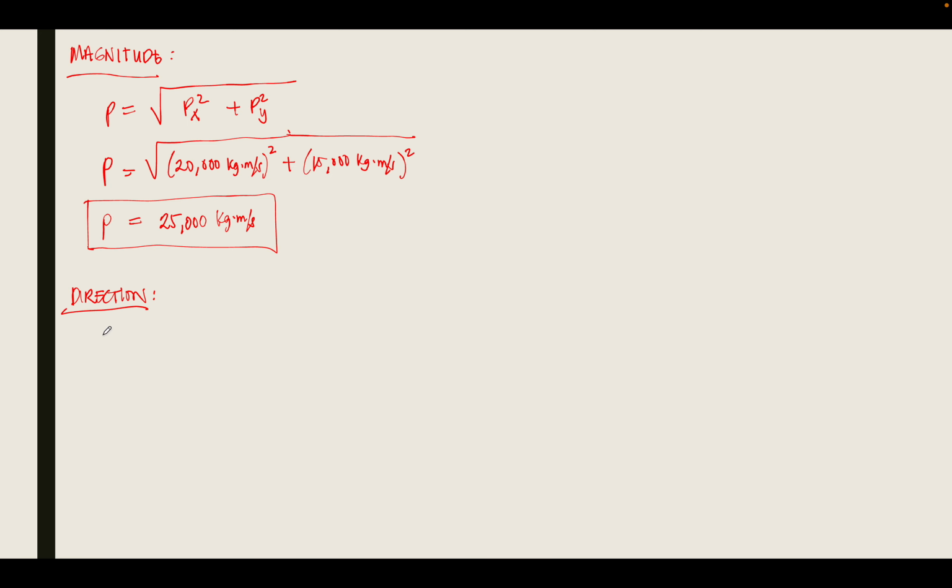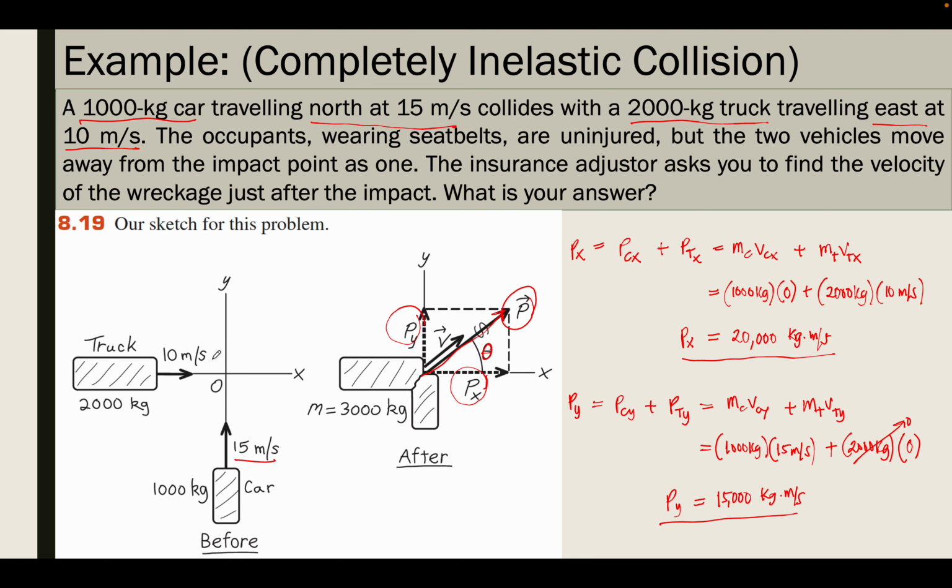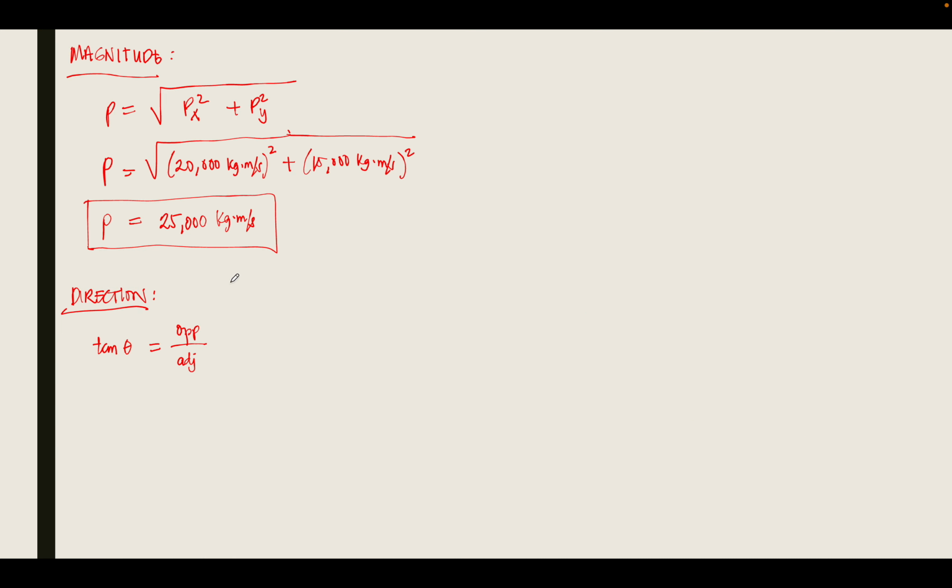So now we proceed with our direction. For the direction, we will be using the tangent of theta. Tangent theta is opposite over adjacent. So let's go back to the sketch. Here is our angle theta. The opposite of the angle theta is our p sub y, whereas our adjacent will be our p sub x.